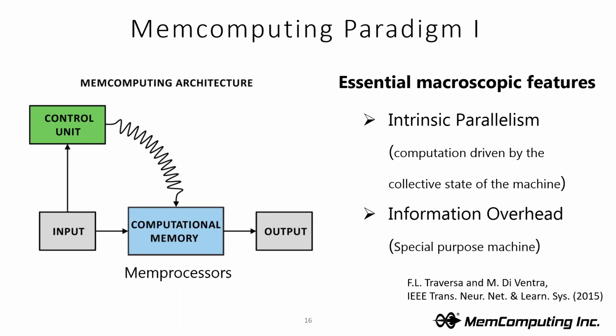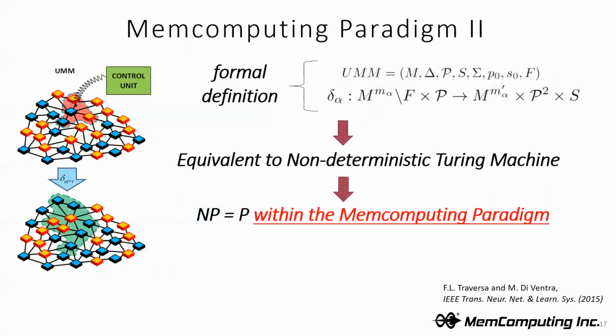And there is another important feature they should have to really perform better than a Turing machine. They should be specialized. We call this information overhead, but it basically means that this network must include some extra feature of the problem. So it's not just a random topology or something like a neural network, for example, that you train to have some property.